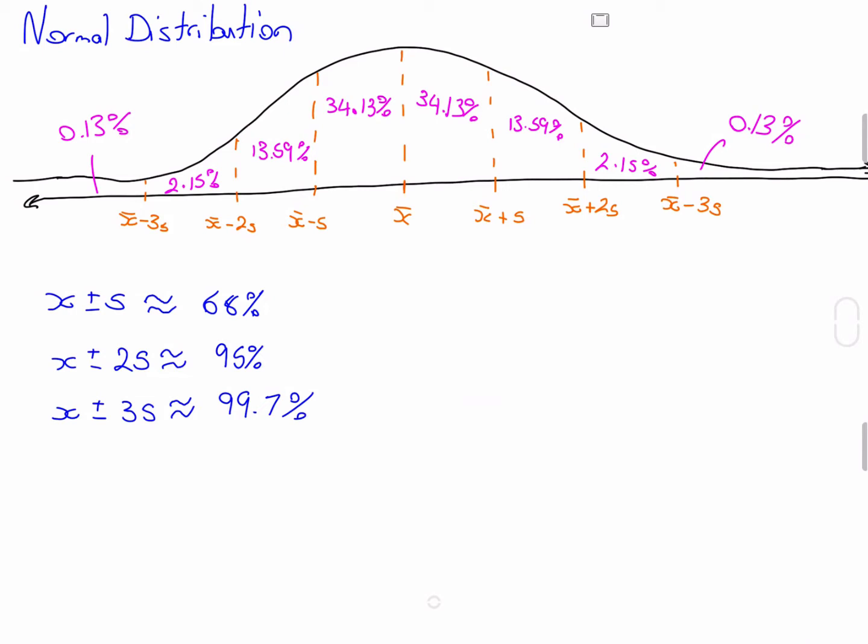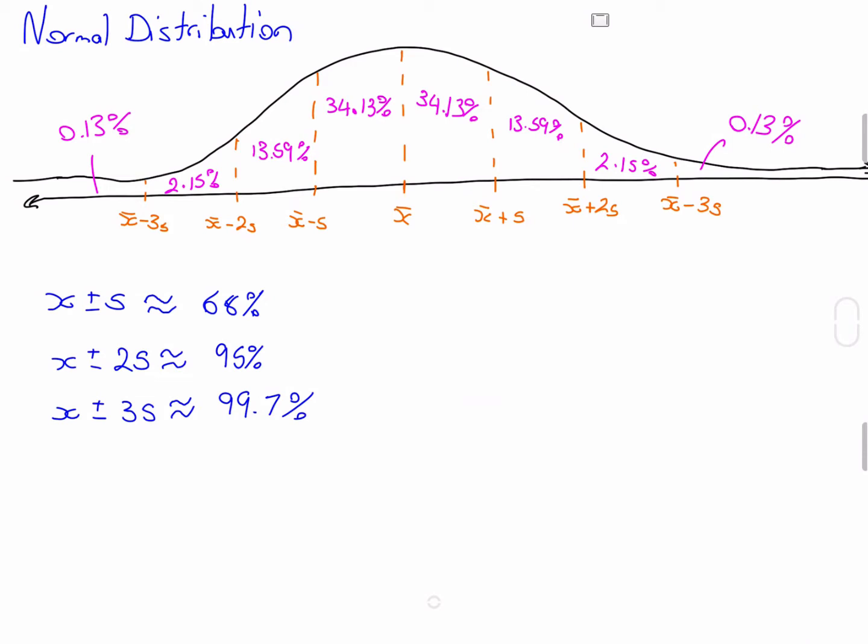If we go and actually work it out, it'll be a bit more than that. So that means that between our mean plus or minus 1 standard deviation, 68% of our data is going to lie there. Between 2, we're going to have 95, and between 3 standard deviations, we'll have 99.7% of our data.